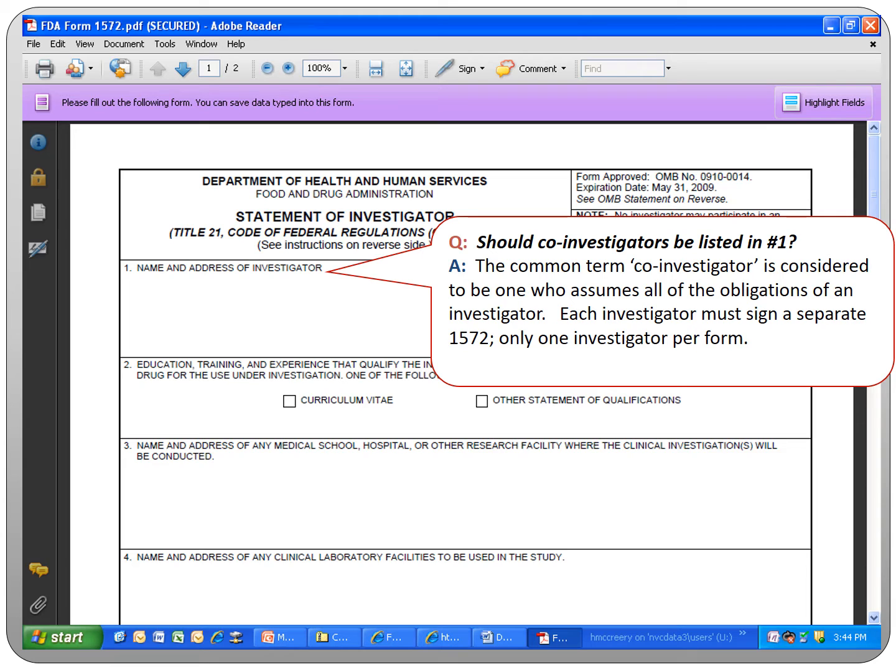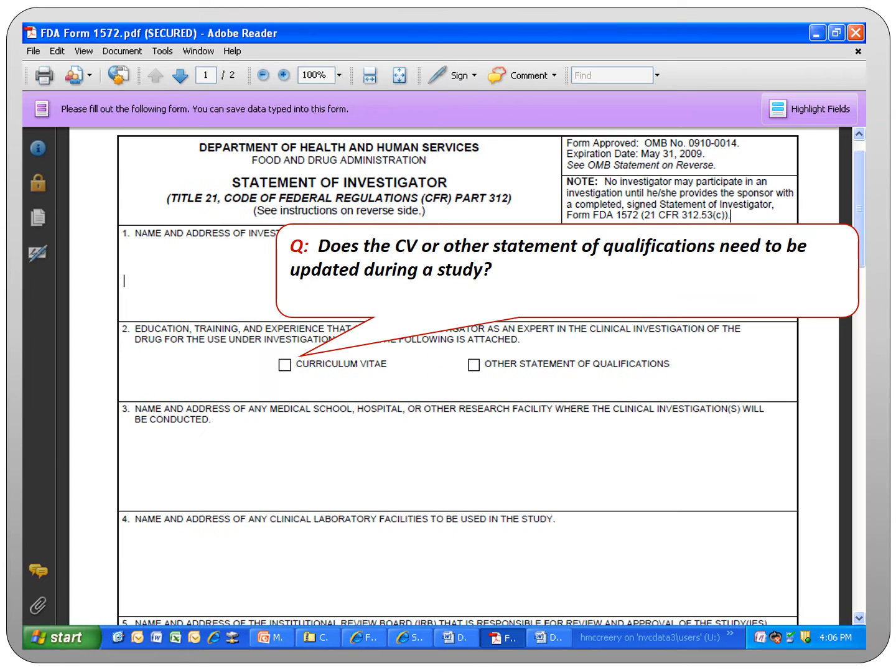So it's only one person per form. That's a little bit of a drag because if it's a busy research practice, you might have a lot of 1572s. But in a way that creates some simplicity, so if someone leaves a study, you don't have to update that 1572 every time, but only one person per form.